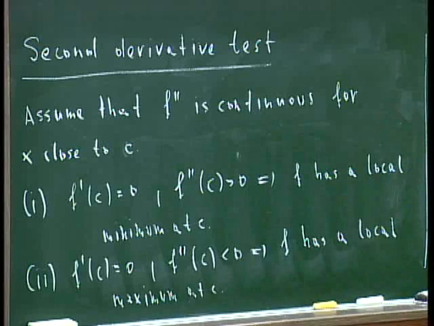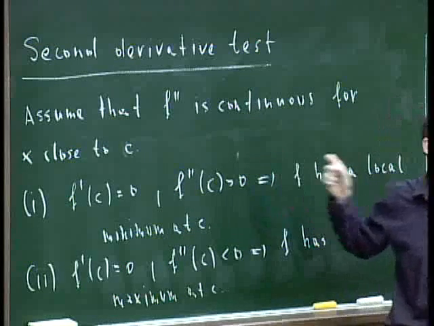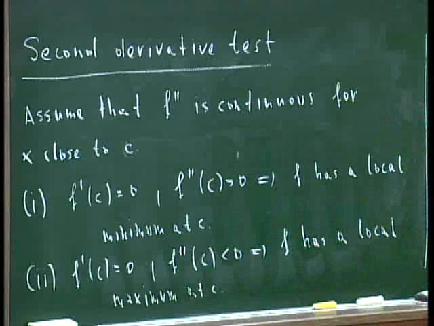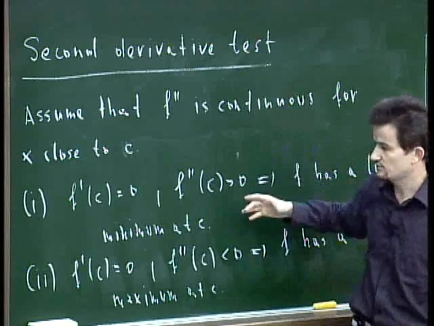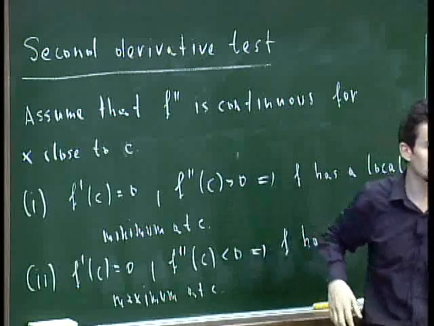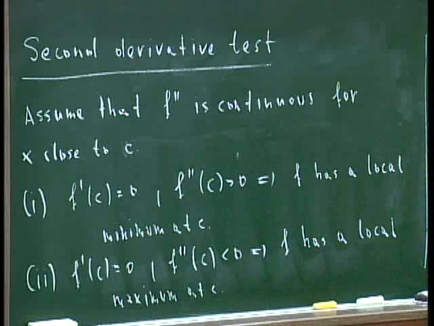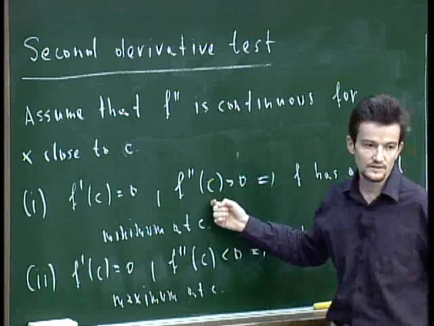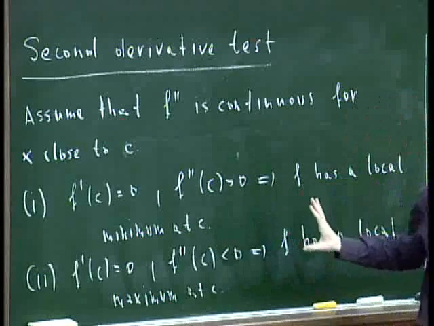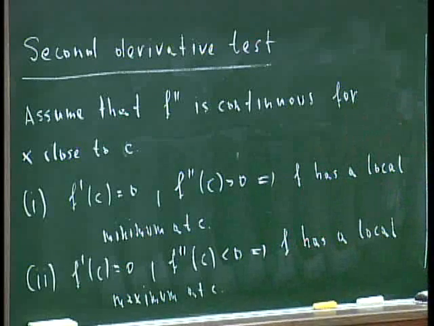Here you need that the second derivative not only exists but is also continuous for all x close to C. So these are pretty strong assumptions, okay? But it's much more convenient using this test in order to figure out whether you have a local extrema at some point or not, because you just have to plug in, you look at the sign. So this is much easier in some sense than the first derivative test, okay?